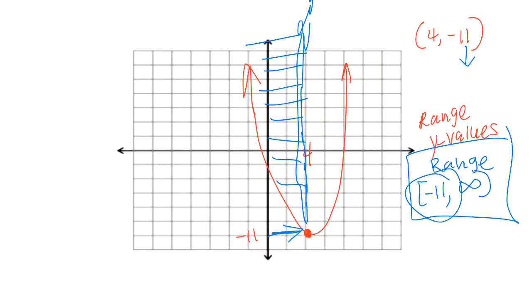If it was down, your range will start with negative infinity to whatever your highest y is.